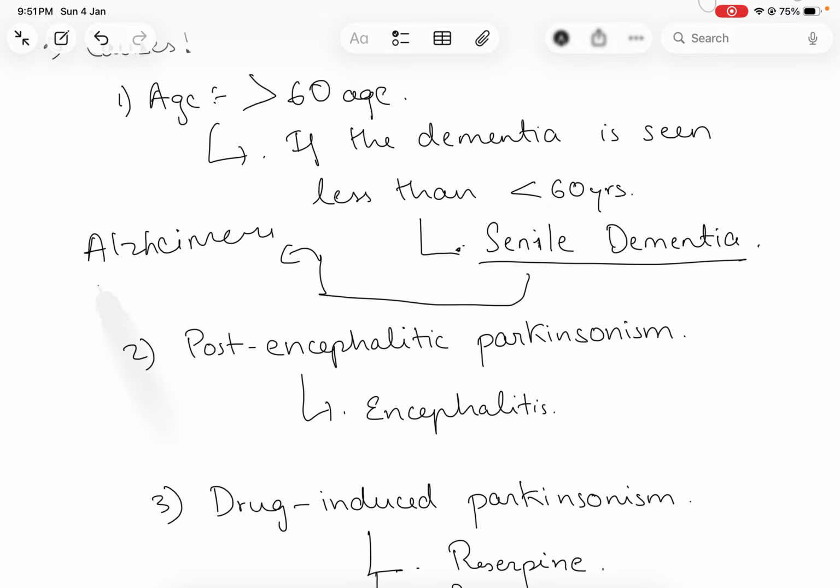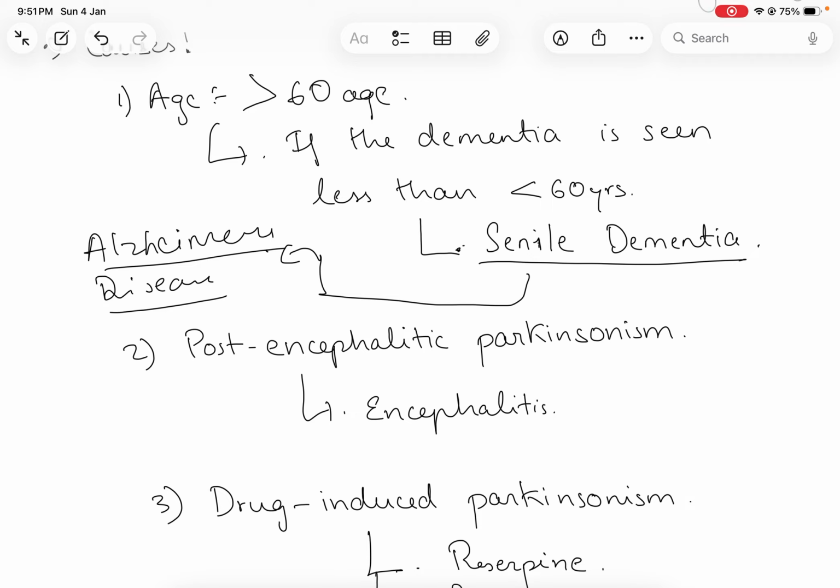As you well know, Alzheimer's disease is a kind of disease where acetylcholine levels are low. And in Parkinson's disease, as I have told you, there is a lack of dopamine, or less dopamine production in the brain.